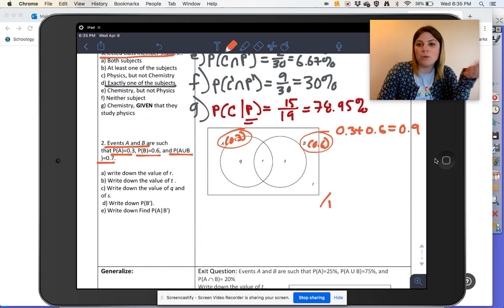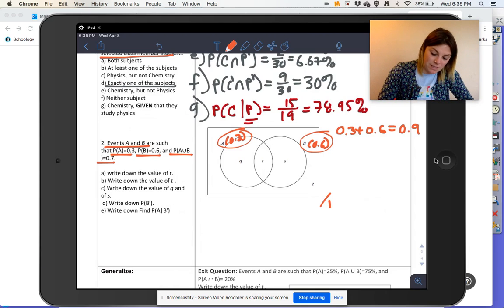We have 0.2 too much. Why is that? Because that's the overlap. When we double count the overlap, that's when we have too much. So whenever something adds up to too much, we know it's because we double counted the overlap.